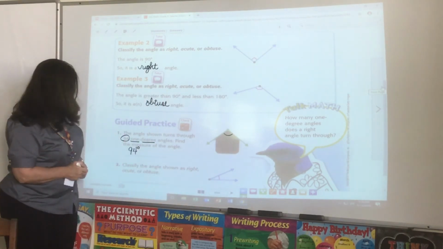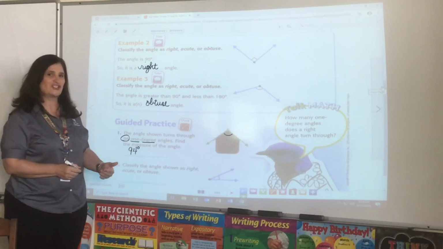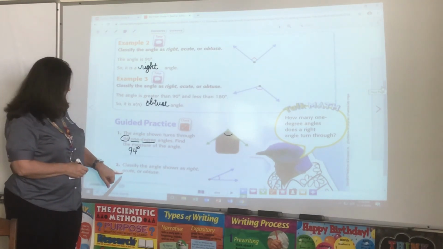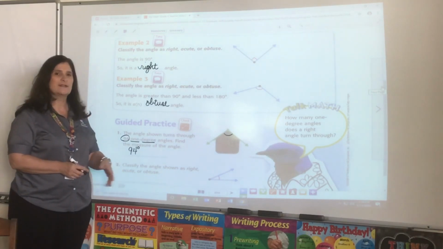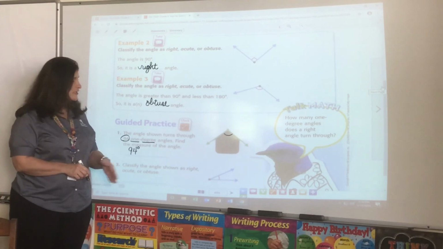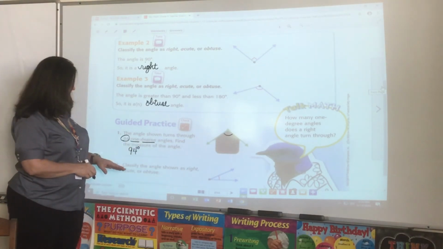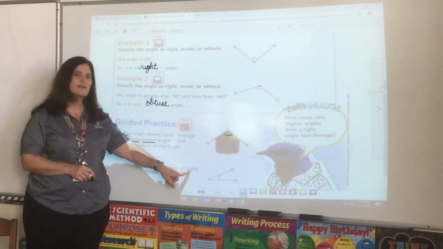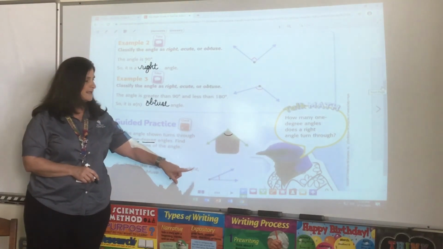Okay, the next question says classify the angle shown as, is it a right angle, is it an acute angle, or an obtuse? Once again, this references back to knowing the definition of what defines a right, acute, or obtuse. Well, right angle, remember that is 90 degrees. We would have a square in between the rays.